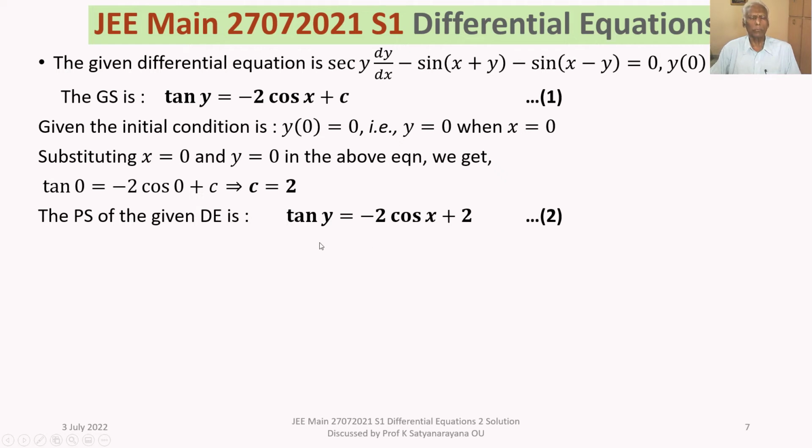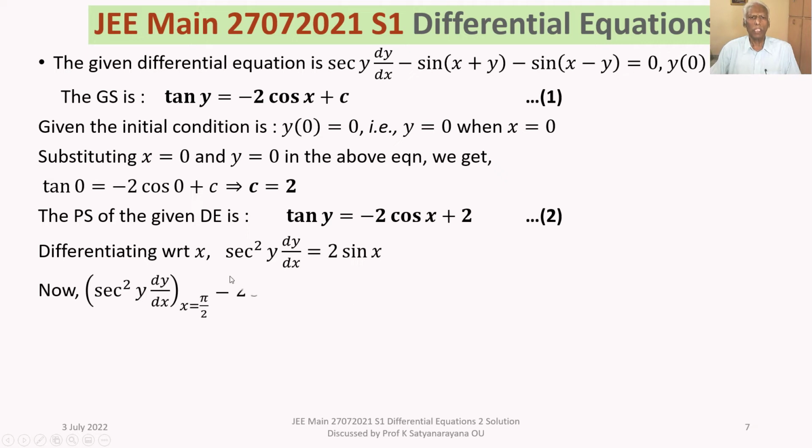Now what do we want? We want dy/dx to be evaluated at x = pi/2. So differentiating with respect to x, secant square y dy/dx is equal to 2 sin x. Now evaluate this when x = pi/2. 2 sin x at x = pi/2 is 2 sin(pi/2), that is equal to 2.